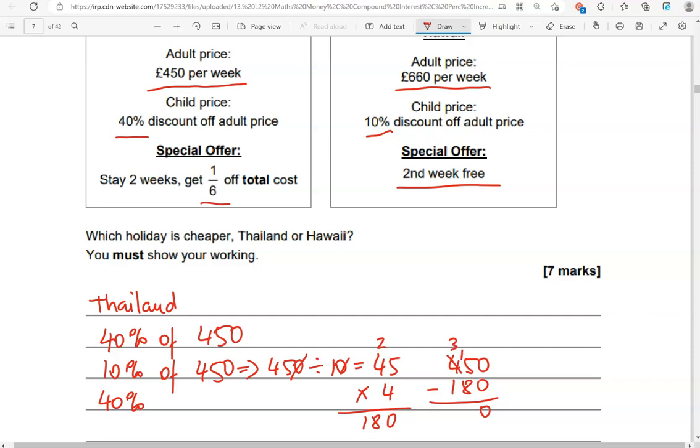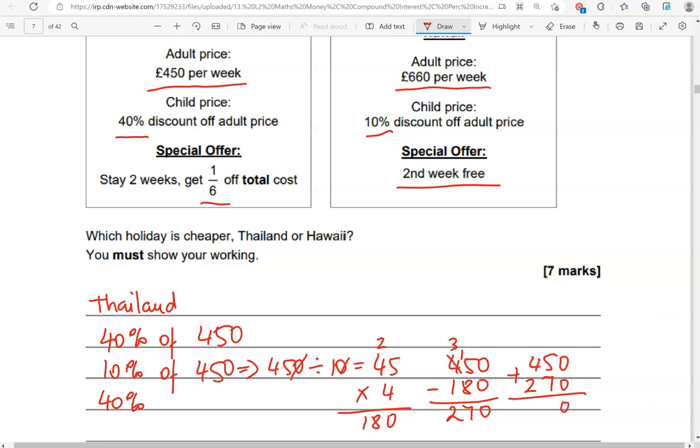So this becomes 15. Take away 8, that gives us 7. 3 take away 1 is 2. So that is £270, the child price. So the price for the adult is 450, the price for the child is 270. Adding them together should give us the total price for 1 week.